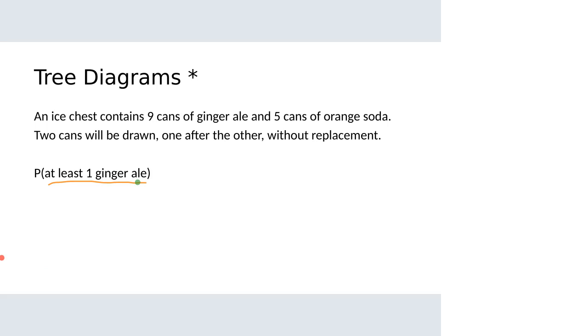Same tree diagram, same sample space. Now the question is, what's the probability of getting at least 1 ginger ale?